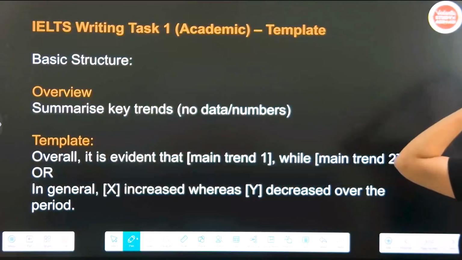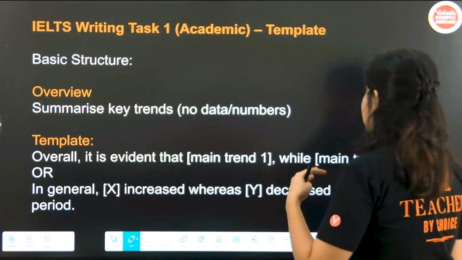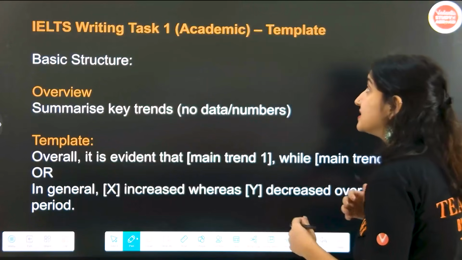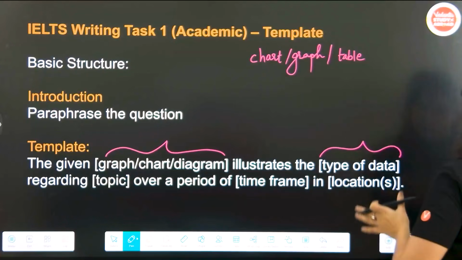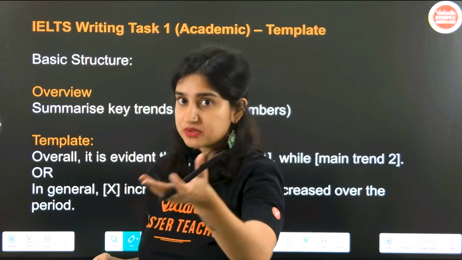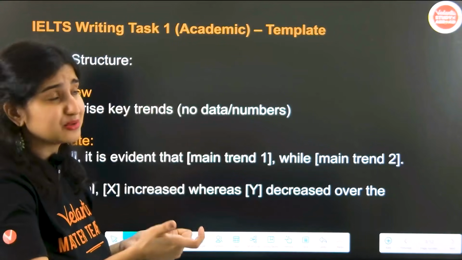Now, the next thing you need to do is give an overview of the trends. And obviously there are going to be multiple trends. You all know how to analyze data. I mean, not only have you done it in English, you've also done it multiple times in mathematics, so I don't think any of you struggle with that aspect of it.